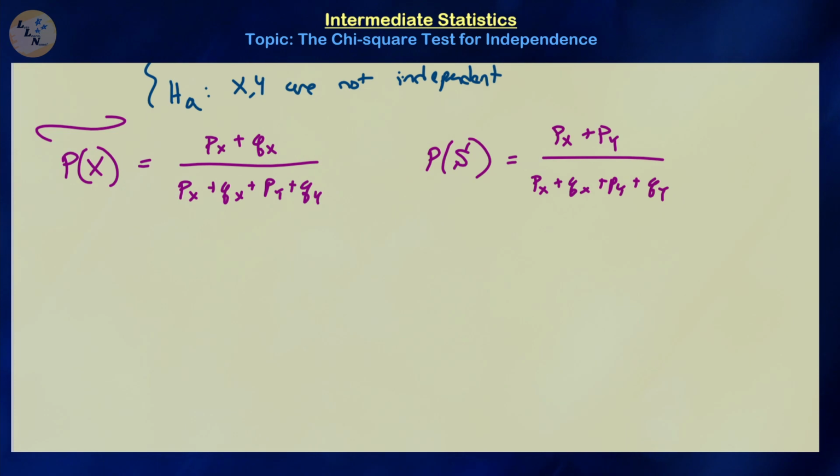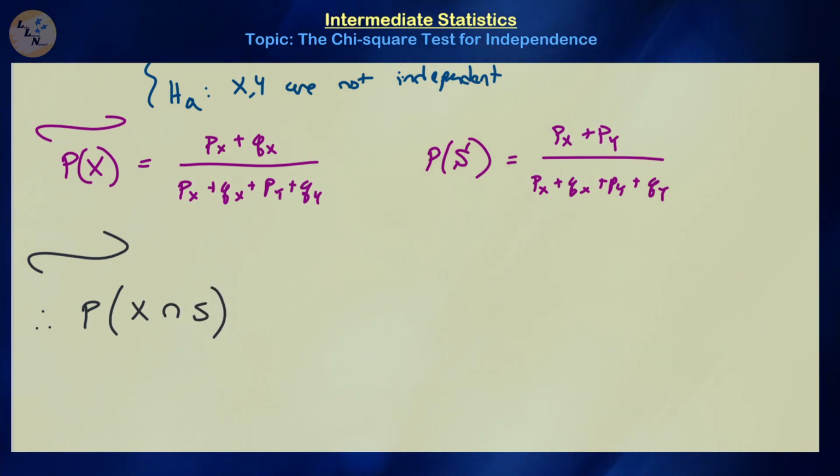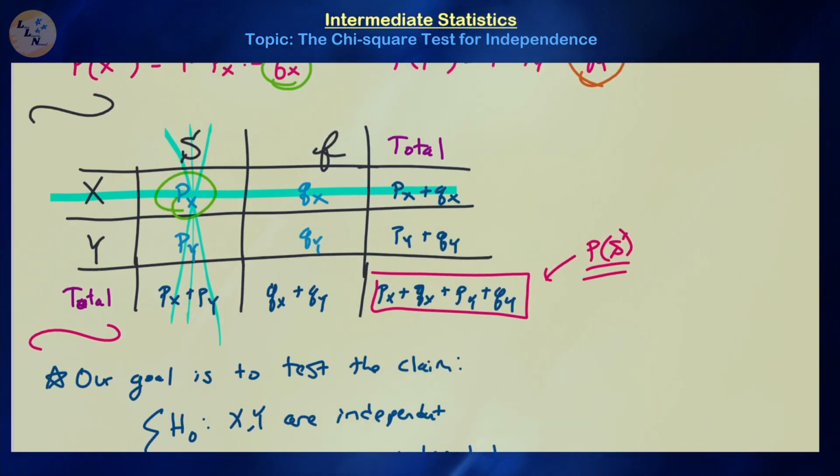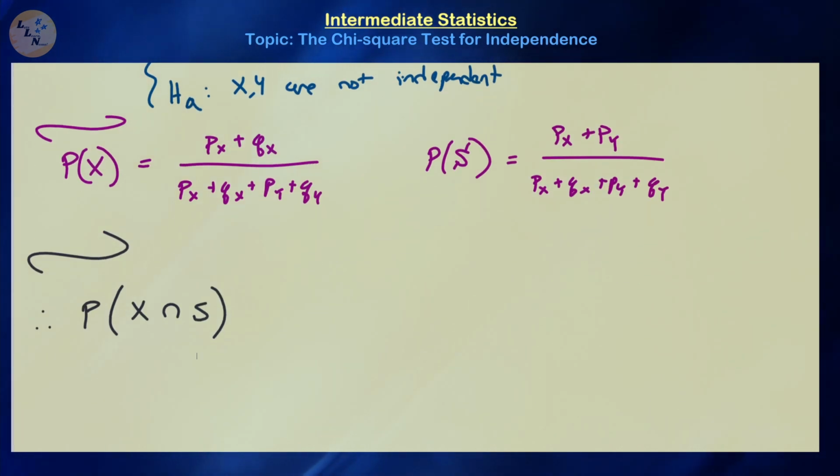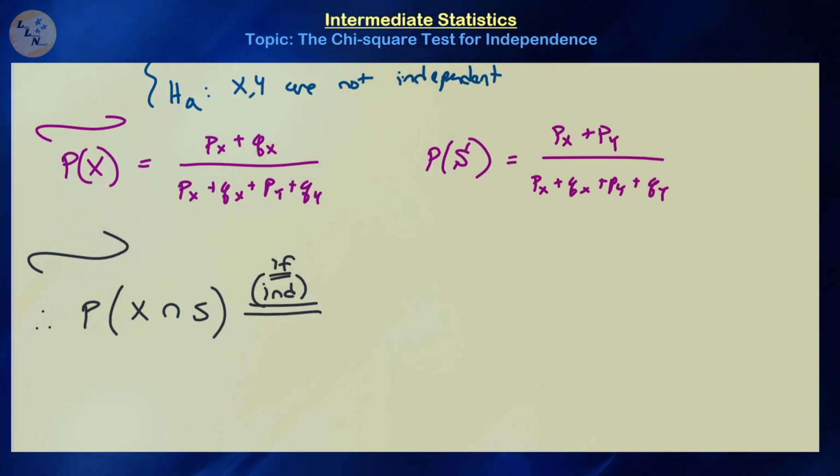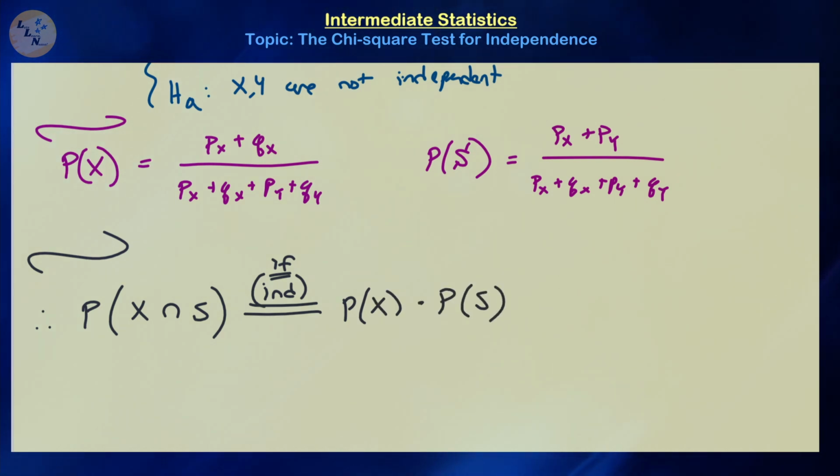Okay, now this is important. So let's consider the event x and s, right? So that should be equal to px divided by the quotient, right? So if they are independent, and that's a really big if, that should be equal to the probability of x times the probability of s, right?